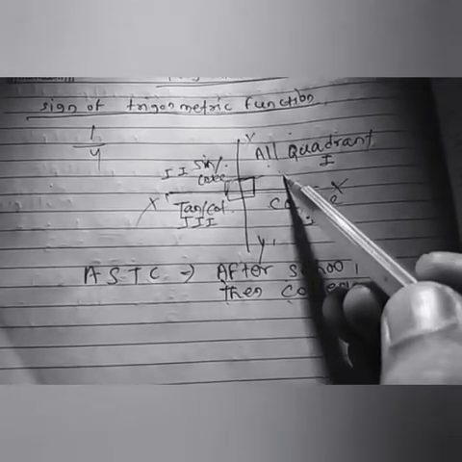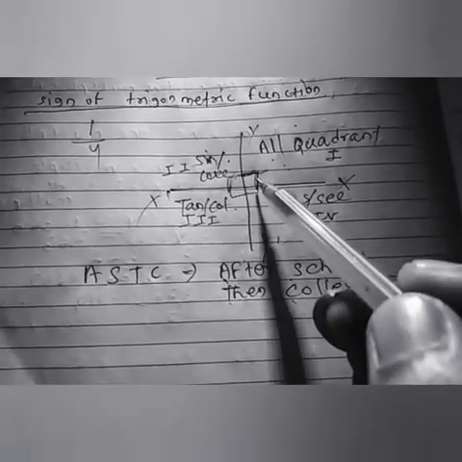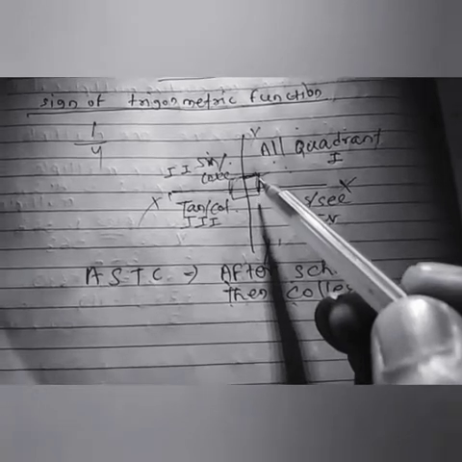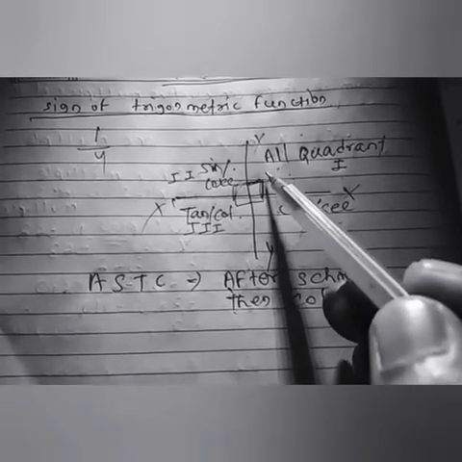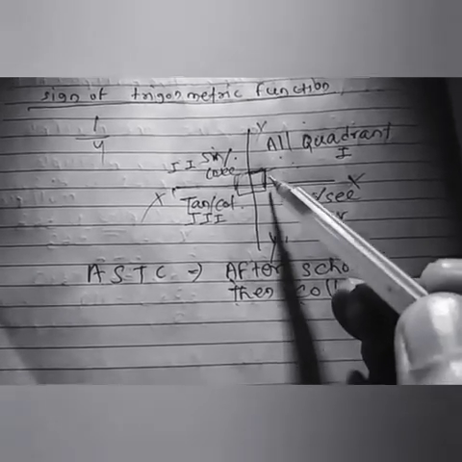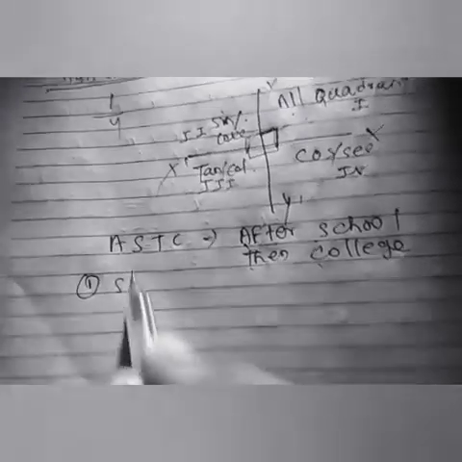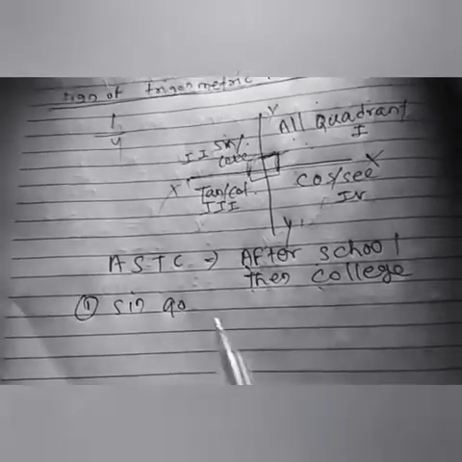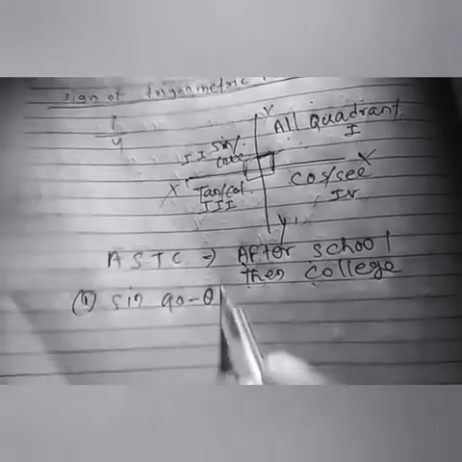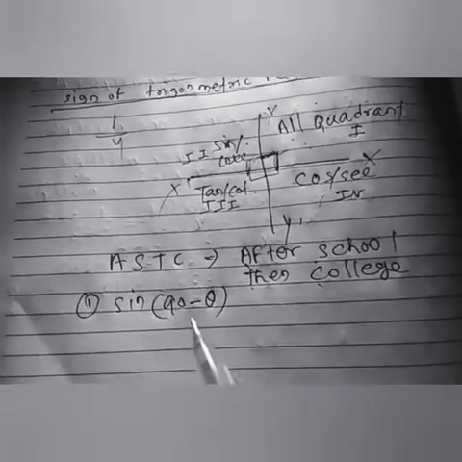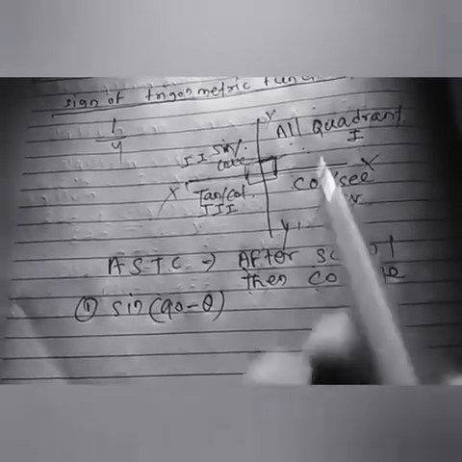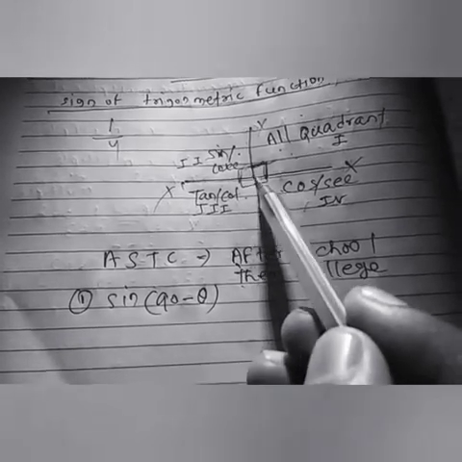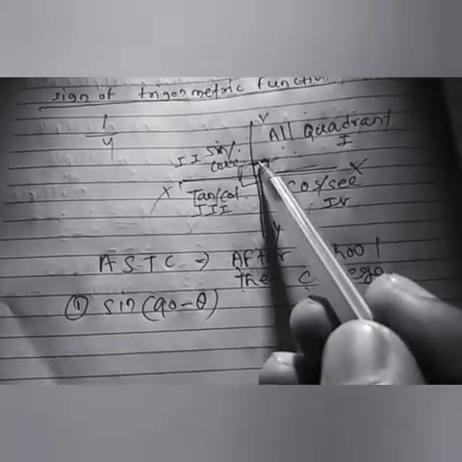Okay, so we have to check how we can represent the first quadrant. This is a 90-degree angle. When we subtract any angle from 90 degrees, that represents the first quadrant. Let the first be sin(90 minus theta). 90 is this 90-degree angle.